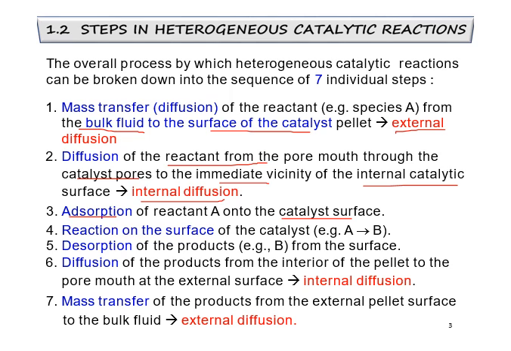So for adsorption to happen, it means A is already placed on the catalyst surface. So that's the meaning of adsorption. So when the adsorption happens, the reaction happens on the surface.